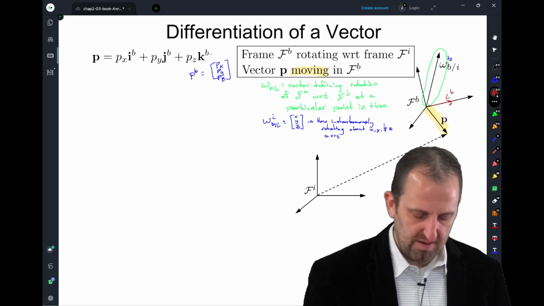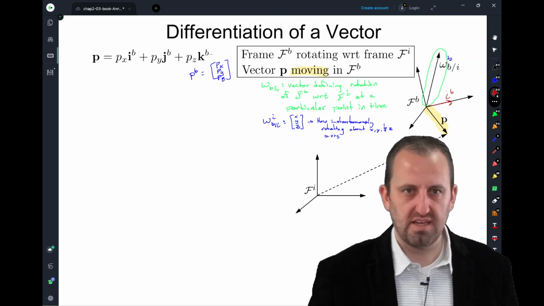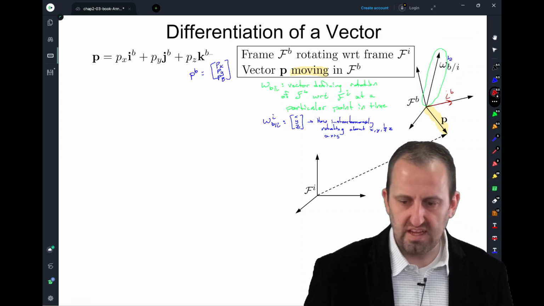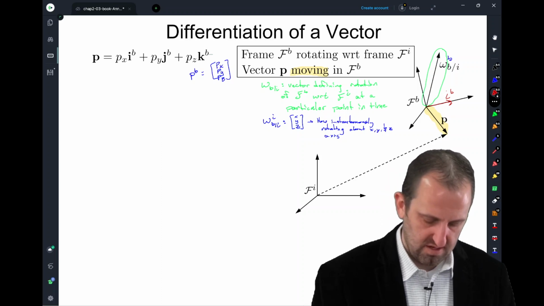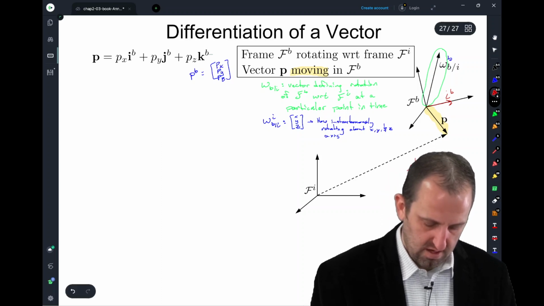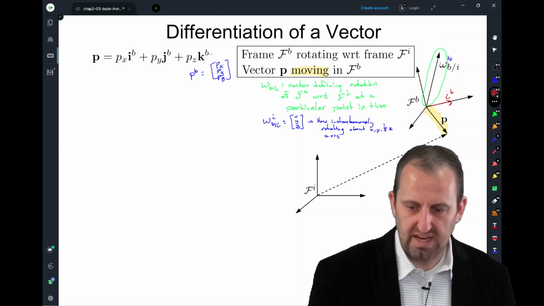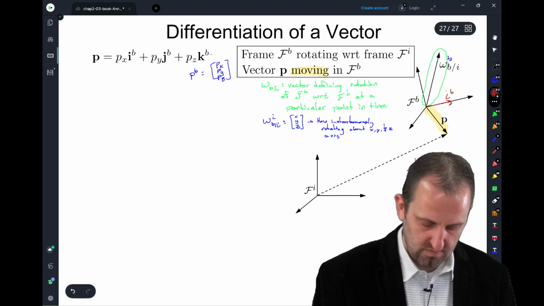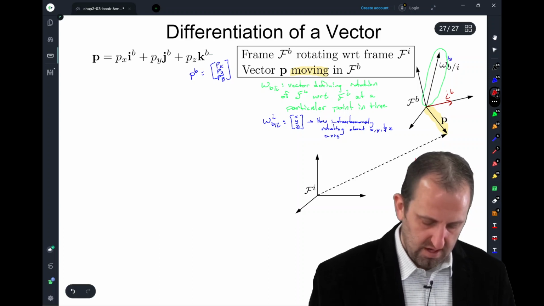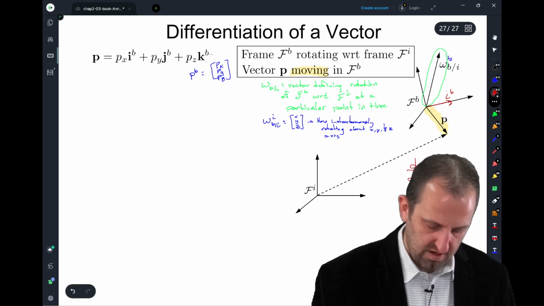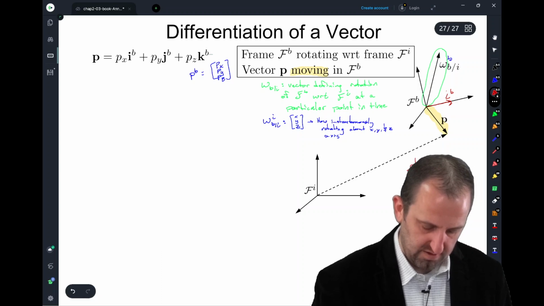We can actually define, and I meant to mention this as we were talking about omega sub b slash I, we can define the time derivative d/dt, and we're going to put the time derivative with respect to the inertial frame, right? Of i sub b, and I'm going to write super b to match the book notation, if I can. There we go.